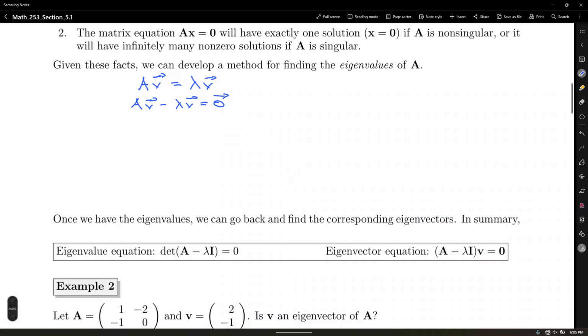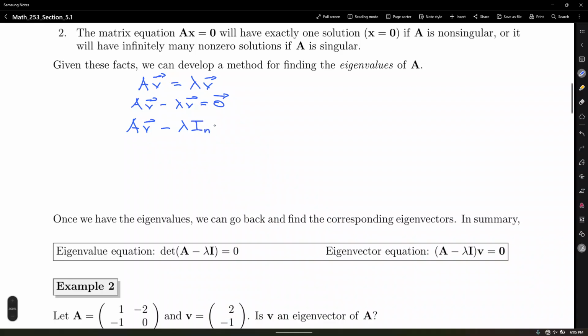How? How about multiplication by 1? If we multiply anything by 1, its value doesn't change, right? So I'm going to multiply the second term, AV first, minus lambda. How do I multiply a vector by 1?